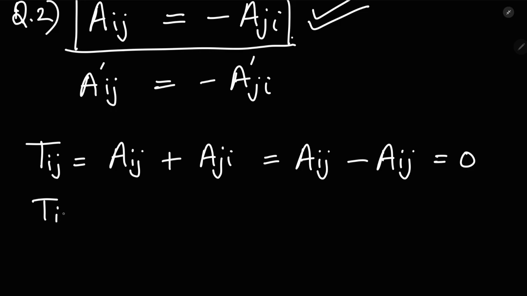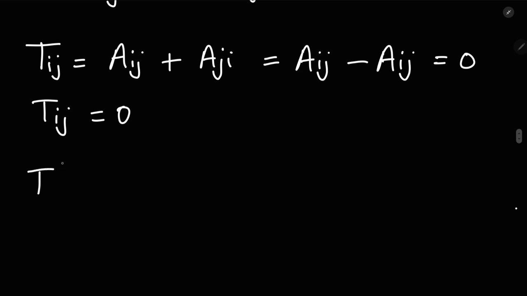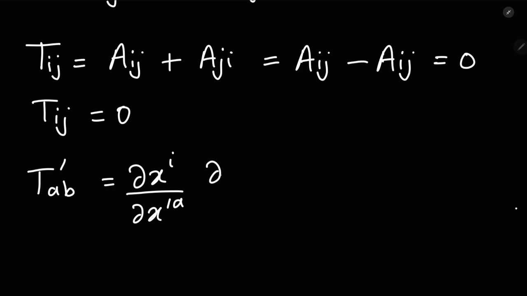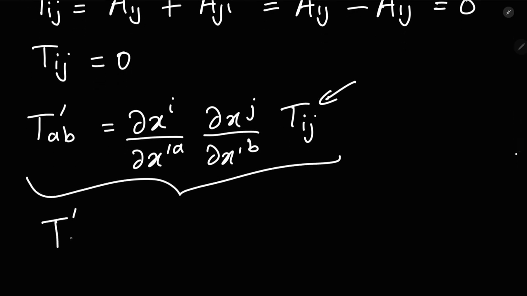So Tij is 0 in our S frame. Now let's take the Tij quantity in another coordinate system. So we have T prime ab, let's say, equal to del xi upon del x prime a, del xj upon del x prime b, Tij. And since T is 0 in the S frame, we can automatically see from this equation that T prime ab is also 0.